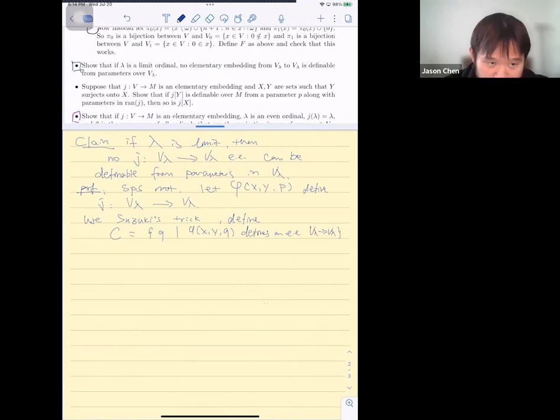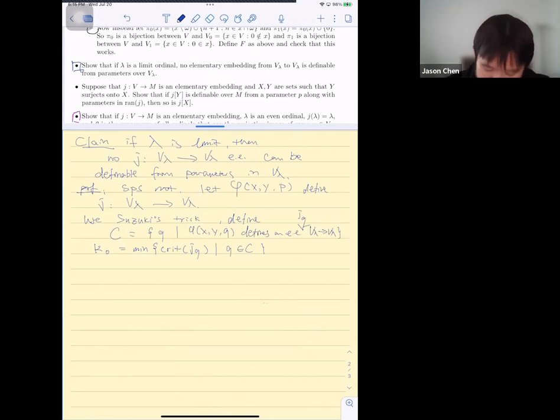Now, let kappa 0 be the least critical point. If an elementary embedding is defined by this formula with parameter q, let's call it J q. So it's the minimum of the critical points of these J q's. You've all seen this in the lecture yesterday, so it shouldn't be anything new.